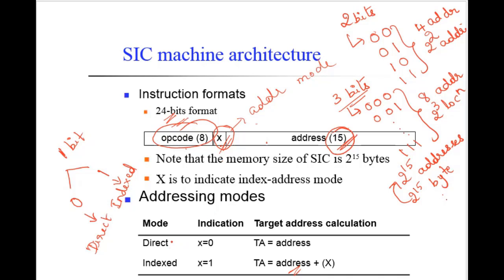Direct addressing means you don't have to calculate anything; you directly have the address of the operand, use that operand and perform the required operation. If it is indexed addressing, take that 15-bit address and add it to the contents of the index register. Now you have the actual address of the operand; take the operand from that address and perform the required operation.